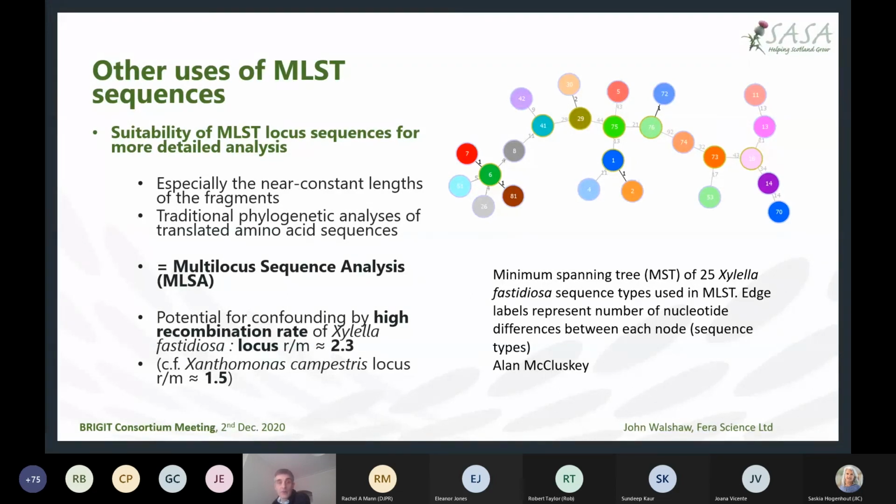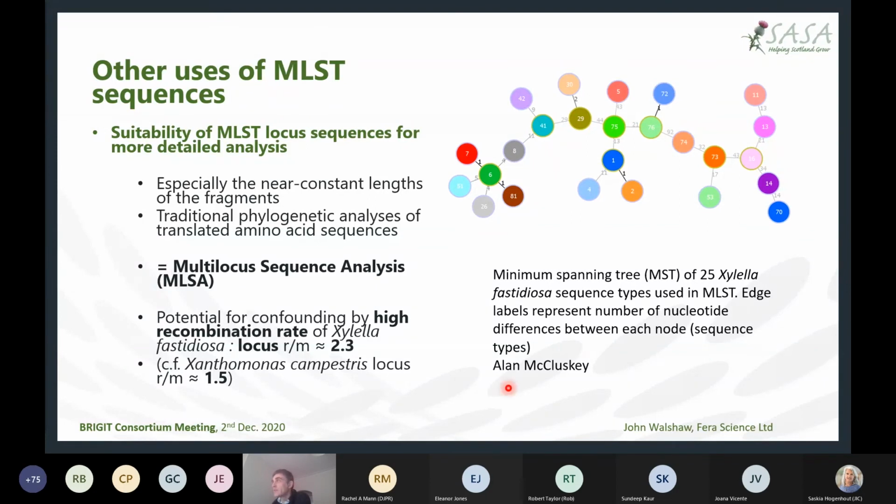This is formally called multi-locus sequence analysis, MLSA. I just wanted to flag up that this is something that Alan McCluskey has been doing. I'm not going to say too much about this, but this summarizes what he's done with MLST sequences, which he's taken directly from the genome sequence databases.